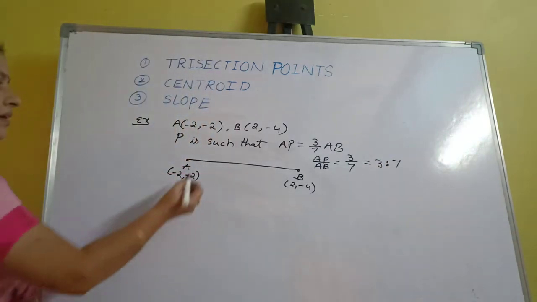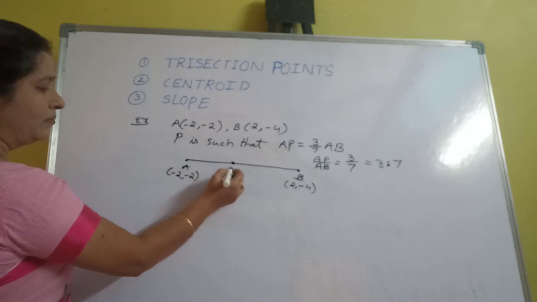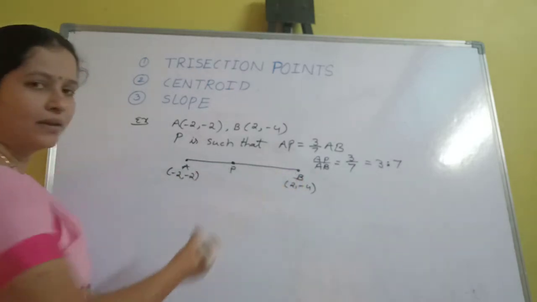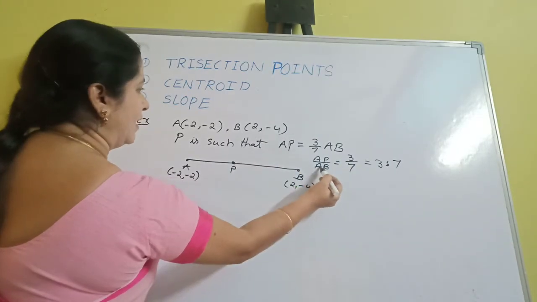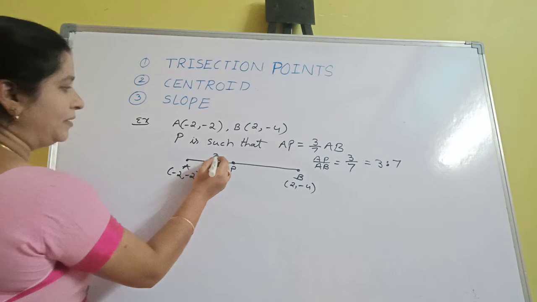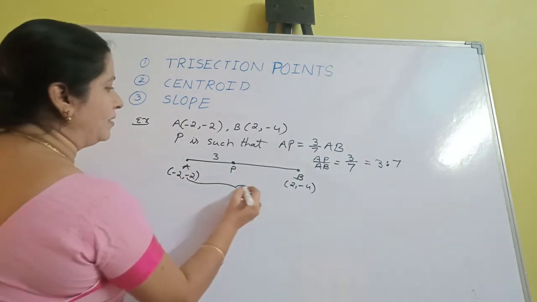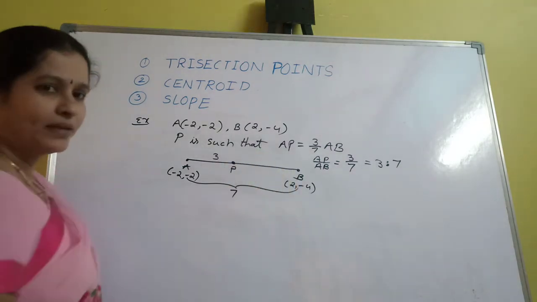Suppose P is here. AP is 3 parts and AB is 7 parts. Total AB value is 7 parts. So what can you say about PB? How many parts are there?